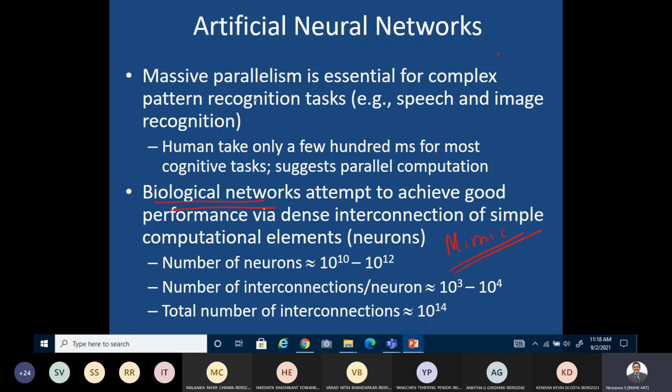So massively connected neurons are very difficult to implement in a very large number. But now it is demonstrated that deep learning is trying to do that a little bit. The deep learning platform is trying to do that, but still it is not reaching the level of brain capacities. Still we have not reached it.